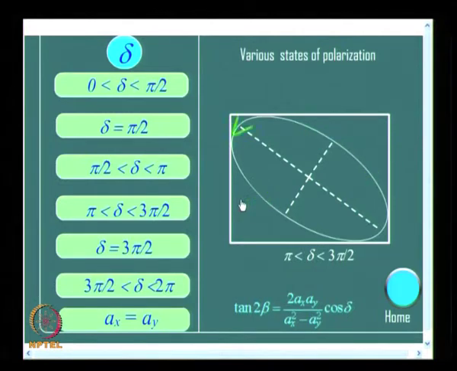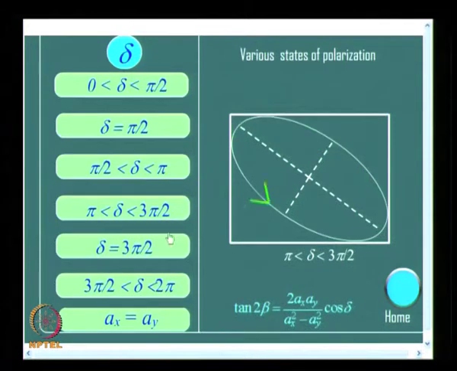So, you can look at it the other way. When I look at the light ellipse, it is possible for me to find out what would be the value of delta that would have caused this. Our interest is the reverse, but in order to understand the cause of delta, we look at how the light characteristics change for various values of delta.